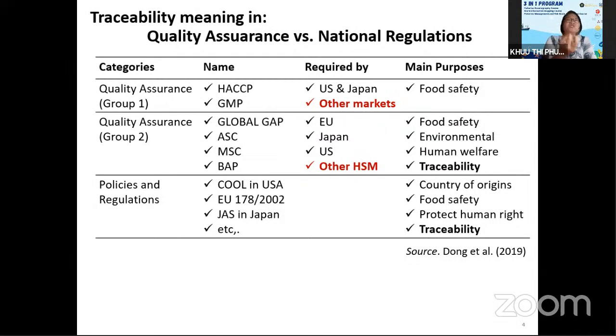If you want to apply for ASC or MSC, you have to ensure your products can be traced one step backward and one step forward along the supply chain, from producers to processors.